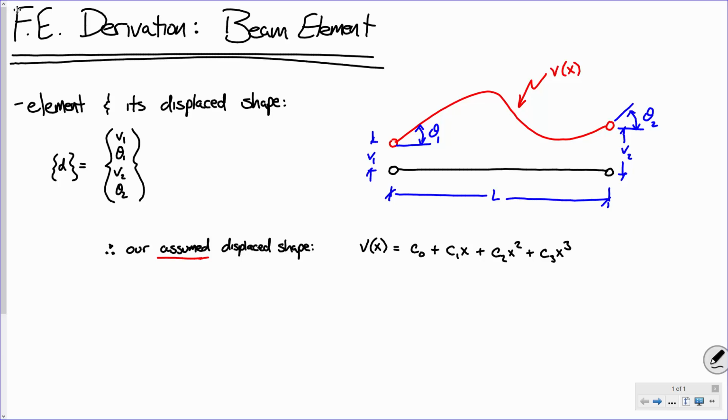So, instead of just using this shape function, we're going to need the derivative of that shape function. So maybe what I'll do is I'll put, so that you all have it, only for beams we're going to need to do this.